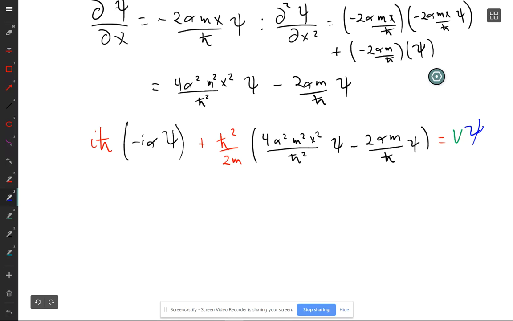And so now I just need to combine terms and factor out the psi. So the last step is going to be combining the terms.